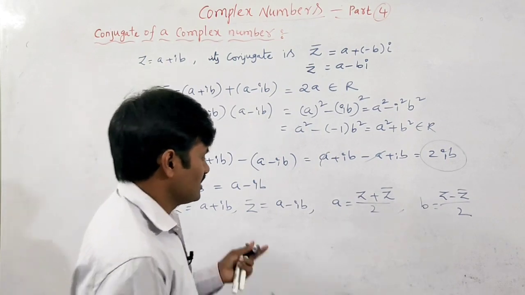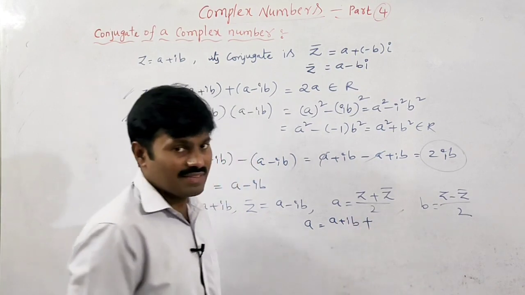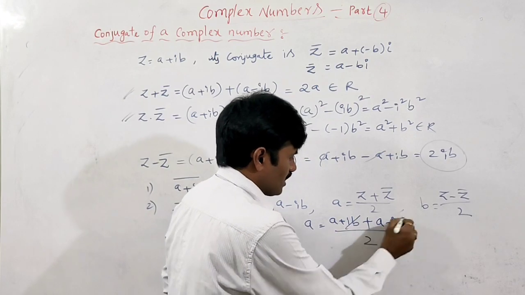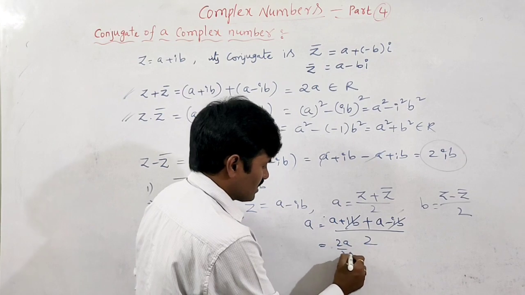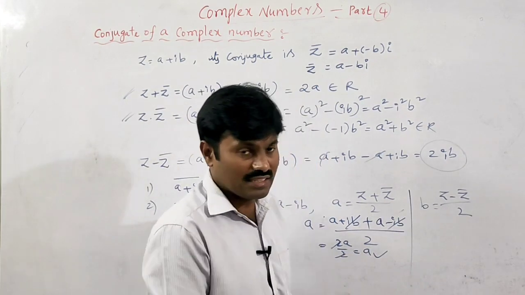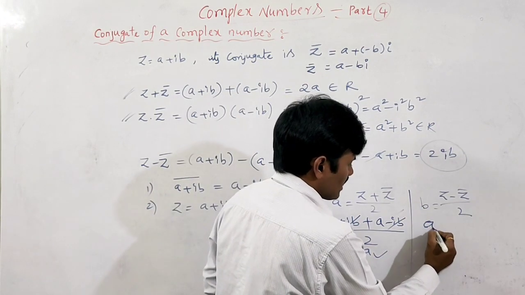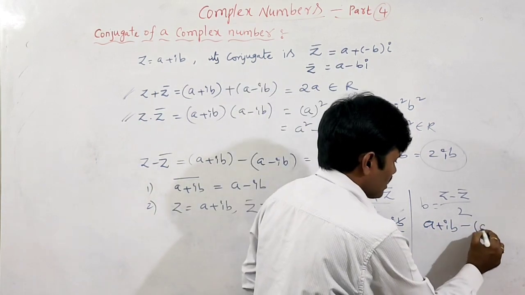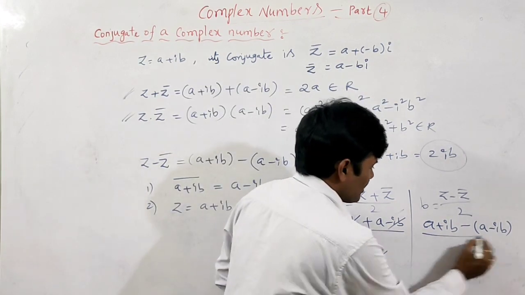See here, z plus z bar. Z means a plus ib, plus z bar, its conjugate a minus ib, whole by 2. The ib and minus ib cancel. a plus a is 2a by 2, we get a itself. And if we simplify z minus z bar, that means z minus its conjugate, z means a plus ib, minus its conjugate a minus ib, whole by 2i.